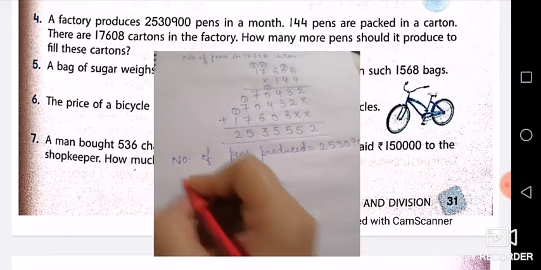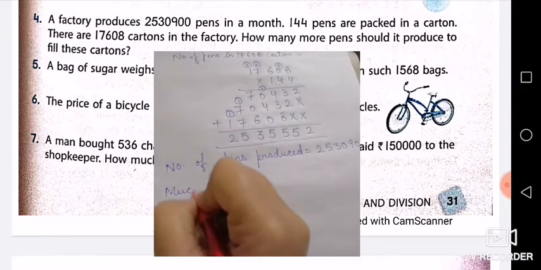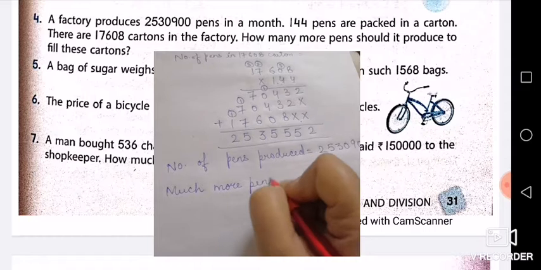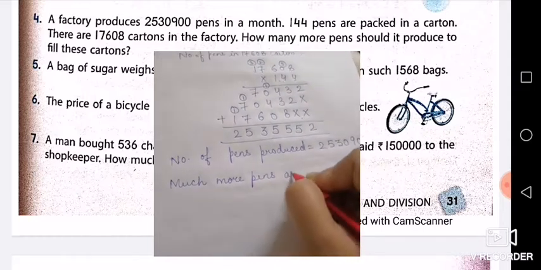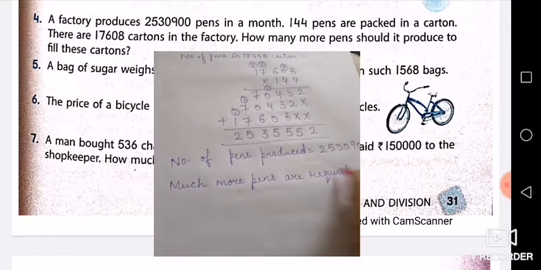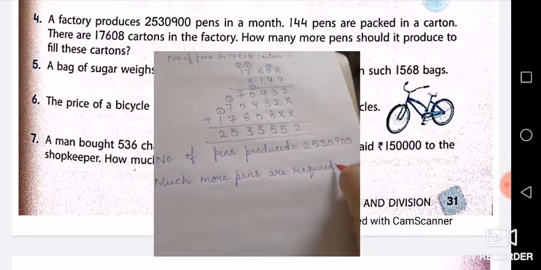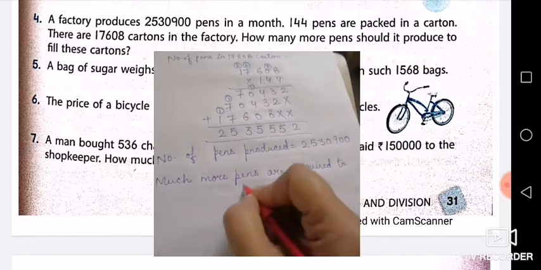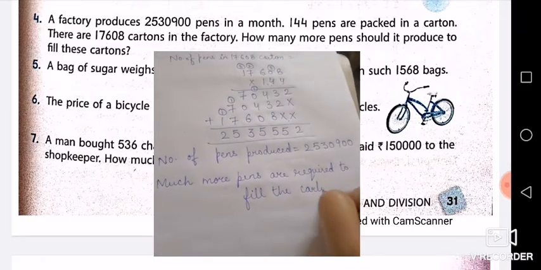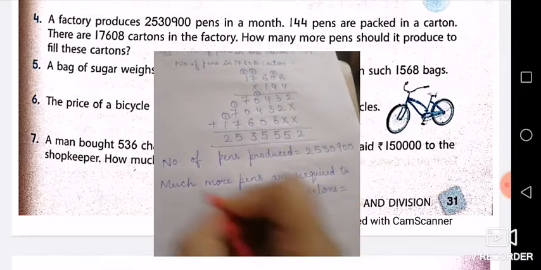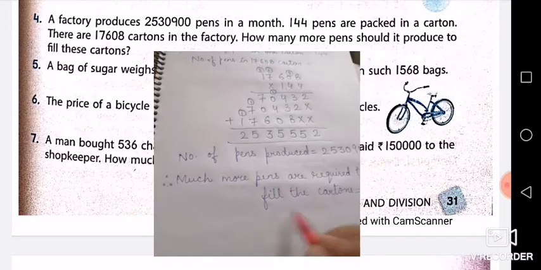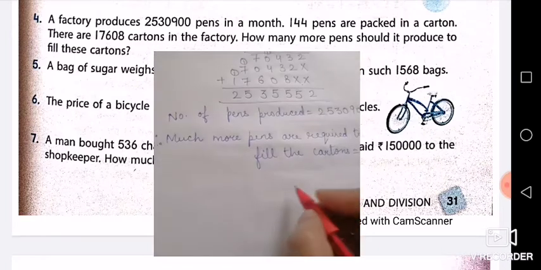Now how many more pens are required to fill the cartons? Here only you will write "therefore". So after doing this, that will be your answer.